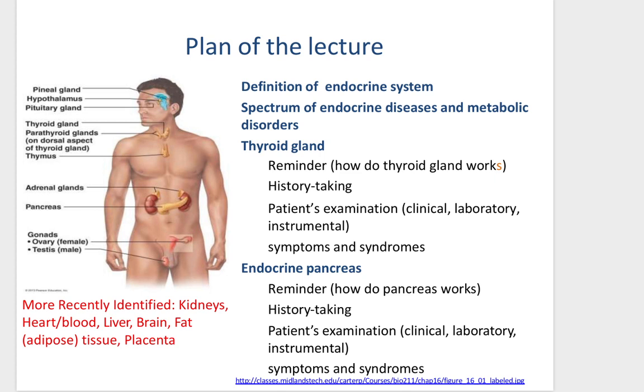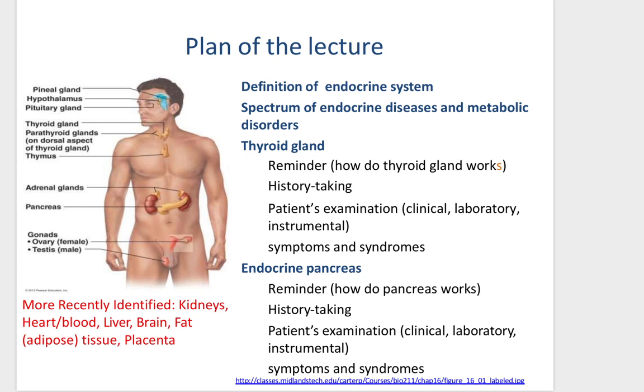First, it is disorders of the thyroid gland. In this part we remind how the thyroid gland works, history taking, patient's examination, clinical, laboratory and instrumental, and the most often symptoms and syndromes. And another thing that I want to stop on is the endocrine pancreas.